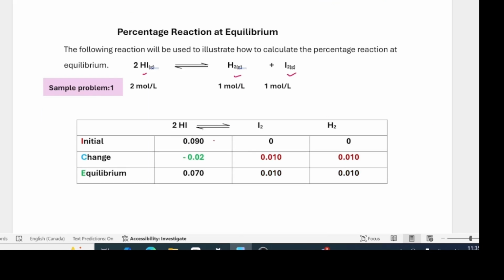Initially, that was the concentration of hydrogen iodide, and these here are the final concentrations of the species at equilibrium. That for hydrogen iodide, this for iodine, and that is for hydrogen. They want you to find what is the percentage reaction.